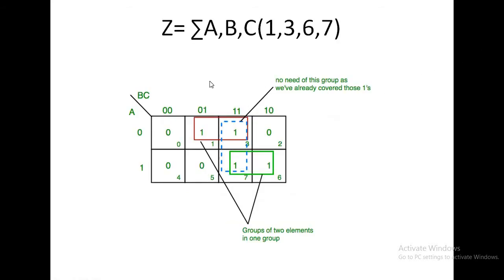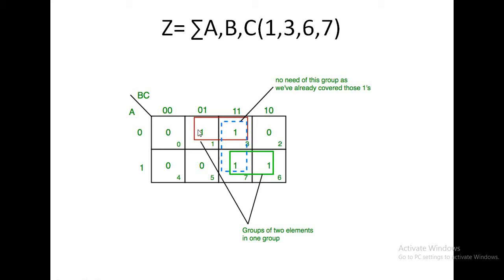So let us consider this is a 3 variable K-map. How can you know that this is a 3 variable K-map? Now see here, 3 variables are there, A, B, C. If 3 variables are there, 2 to the power 3, that is 8 cells are formed.